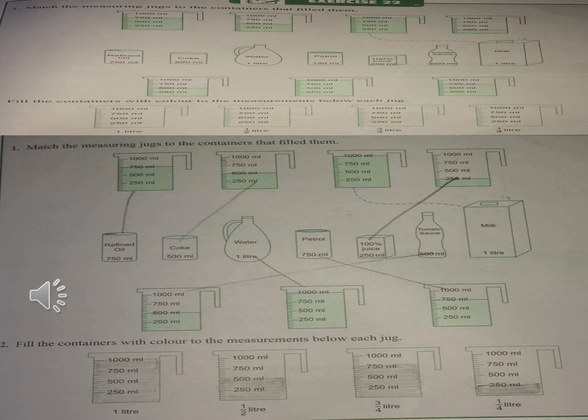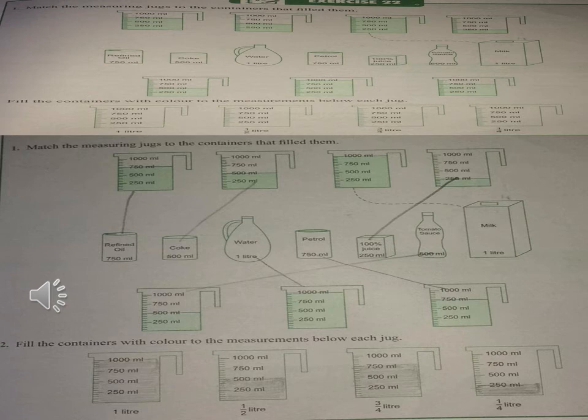We have to match with third line third jug. 100% juice 250 ml, that we have to match with first line fourth jug. And tomato sauce 500 ml, that we have to match with third line first jug.